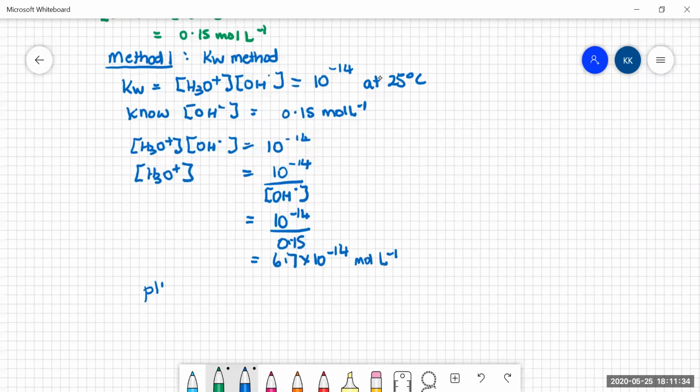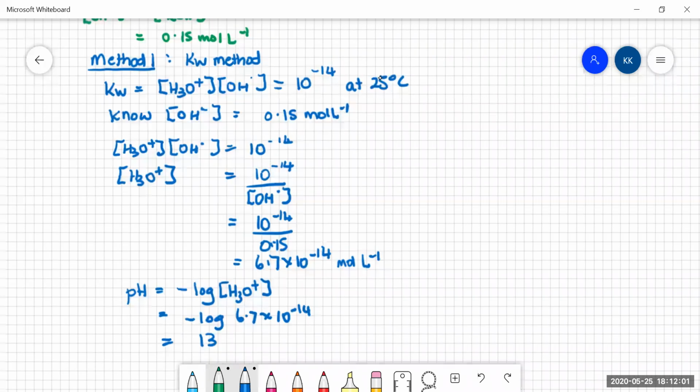Then, now that we have concentration of H3O plus, we can go minus log. It's minus log of 6.7 times 10 to the minus 14. And if we express that to two significant figures, we get 13. So that's our first method, the Kw method.